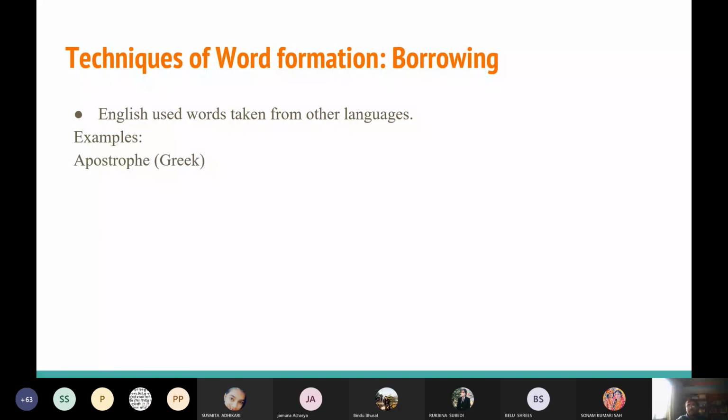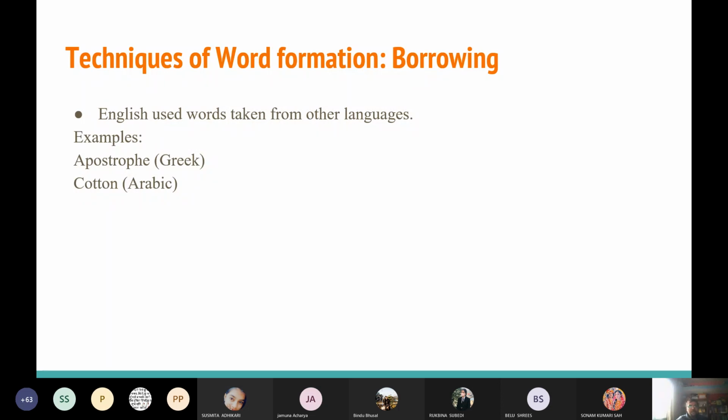Apostrophe is a Greek word. Here, let me tell you, apostrophe is a Greek word. Now, I will give you another example: cotton. We say cotton clothes. The earlier word, apostrophe, we use in punctuation.